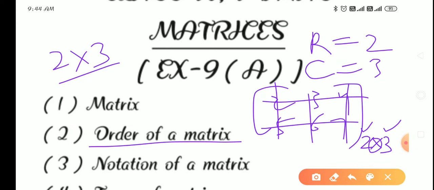So we can say the order of this given matrix is 2 by 3. So you have to write the number of rows first, then the multiplication sign, and then the number of columns to the bottom right of the given matrix. So it will be the order of a matrix.